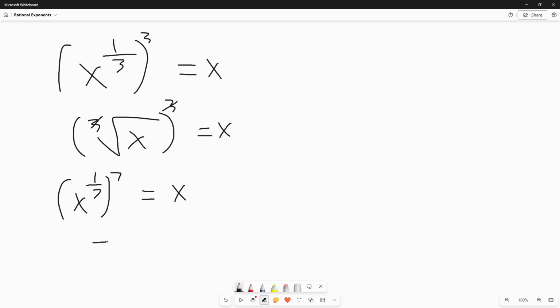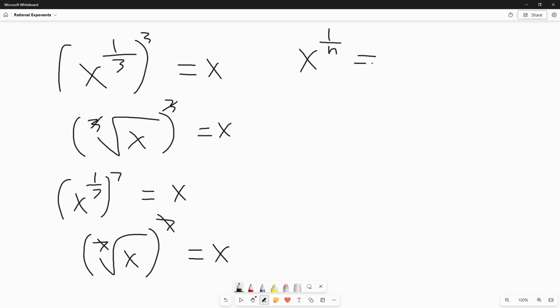And if we have the 7th root of x and raise it to the power of 7, these two cancel out and we get x.